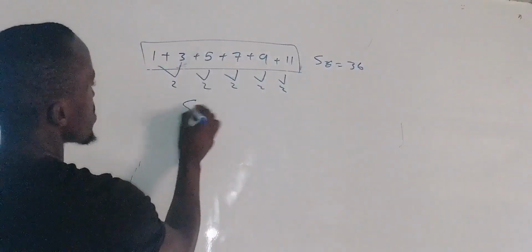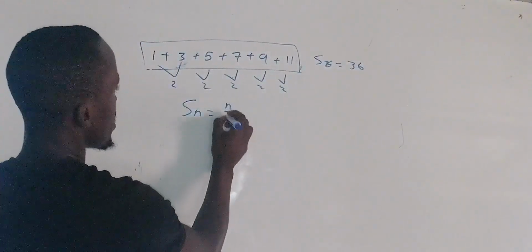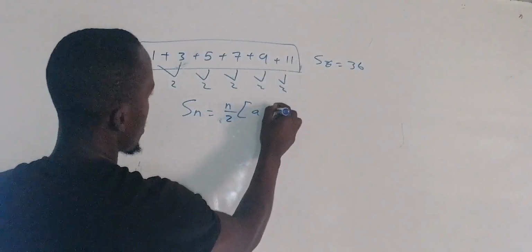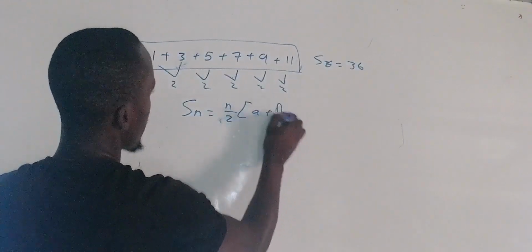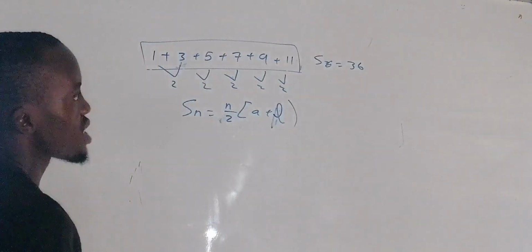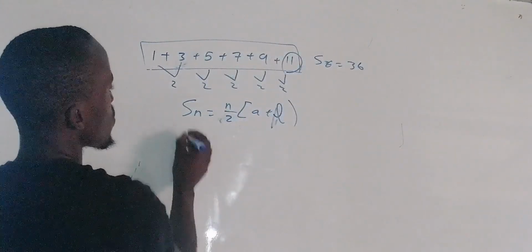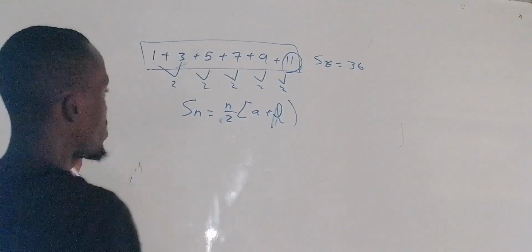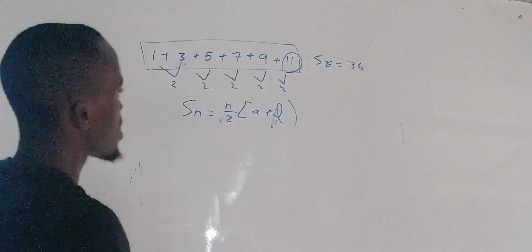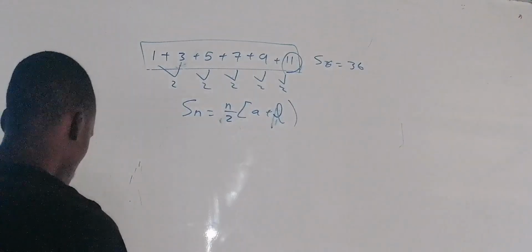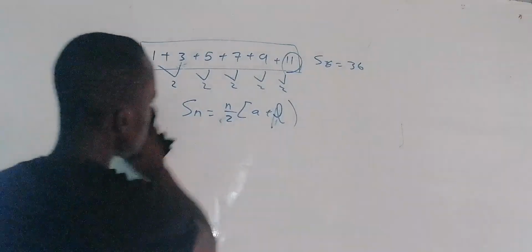So if I use this formula, it must give me that 36. I can use this one or I can use that other one. Why am I using this one? Because I can see the last term. So for Sn, we have the first term, but we don't have the n. How are we going to get the n?